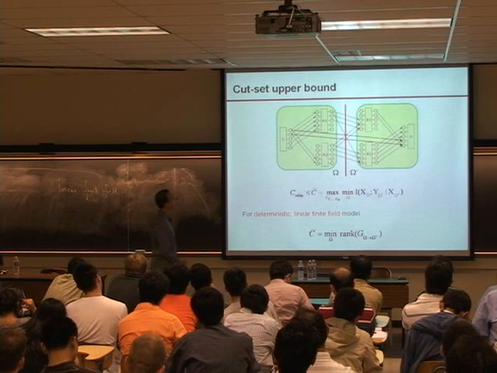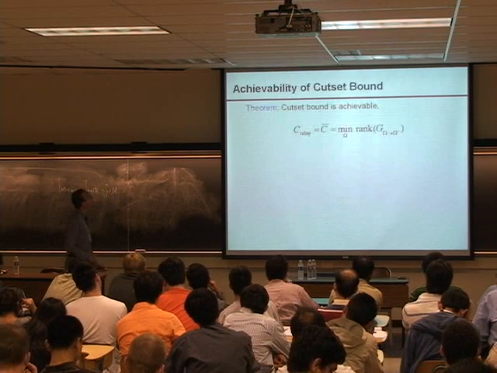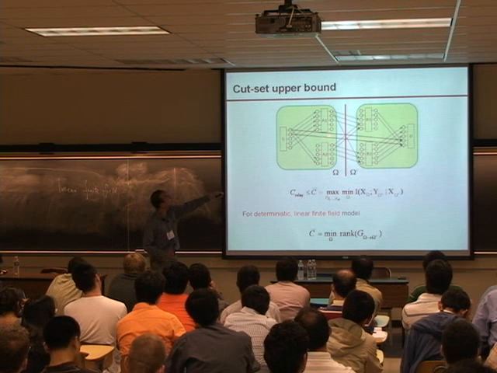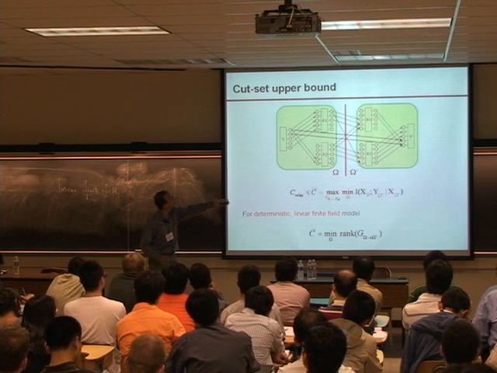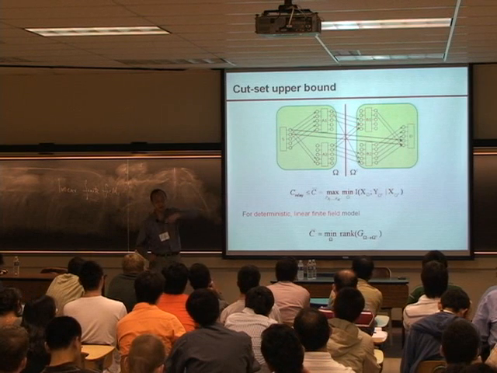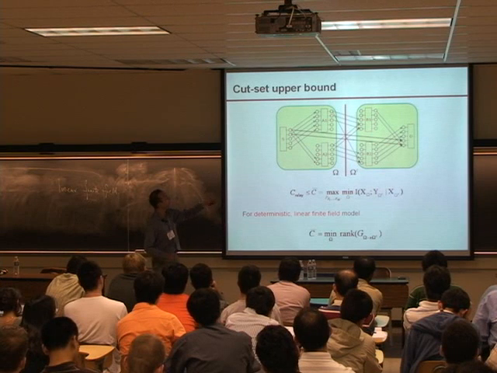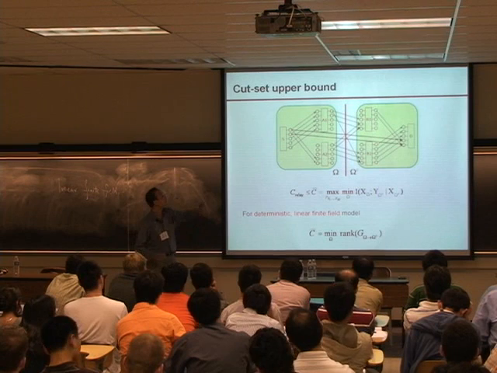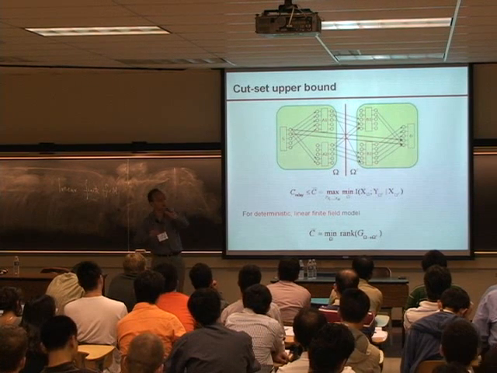Now, what does this G mean? Remember that each of the links in the system here is given by a matrix, right? So if you club all these nodes together to form a big receive vector, and you club all these nodes together to form a big transmit vector, you can connect these transmit and receive vectors through a gigantic matrix, which is formed by essentially putting all these Gij together in the appropriate place.